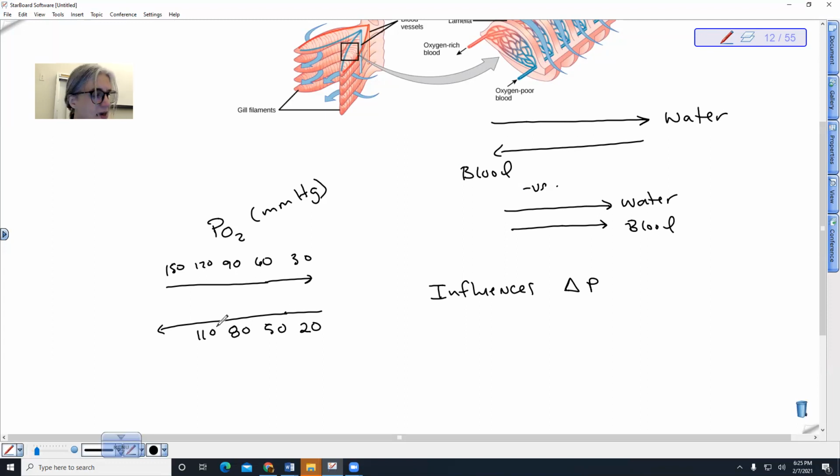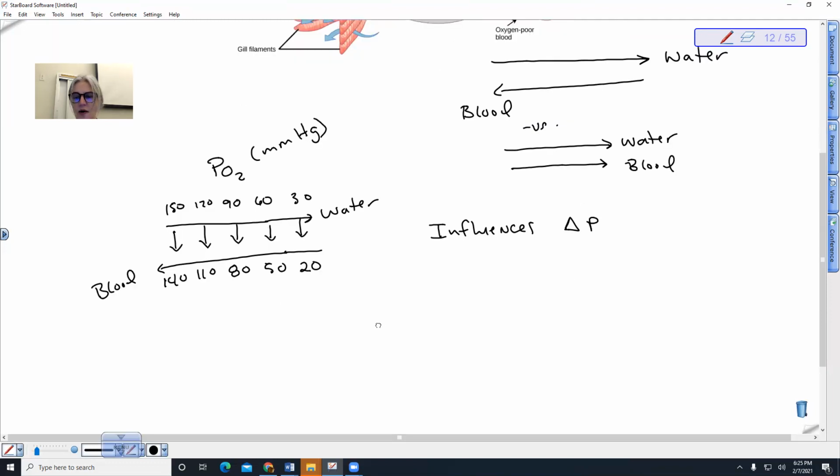And so you see that it helps to maintain the differences. So all along, even when my blood has a partial pressure of 140, I can still extract oxygen from that.